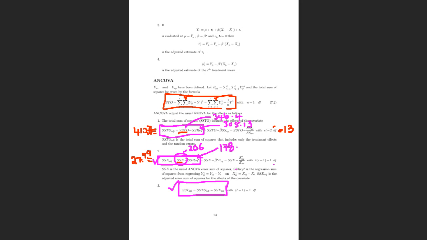So the adjusted part now is the difference between the two. The difference between the two, you'll find SST adjusted. So what is your SST adjusted? You have 41.27, you have 27.99. Let's do this last part, and then we'll construct that ANOVA.